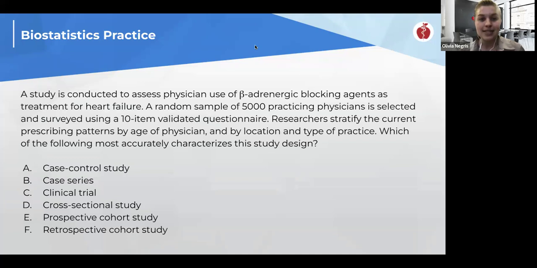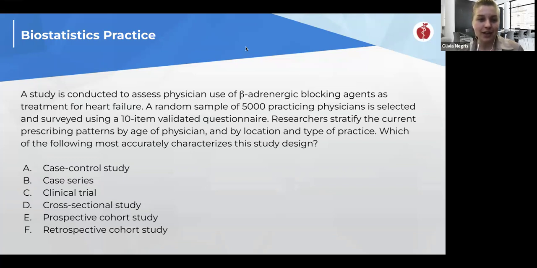Now this is identifying study design. So the question stem is, which of the following most accurately characterizes this study design? A study is conducted to assess physician use of beta-adrenergic blocking agents as treatment for heart failure. A random sample of 5,000 practicing physicians is selected and surveyed using a 10-item validated questionnaire.